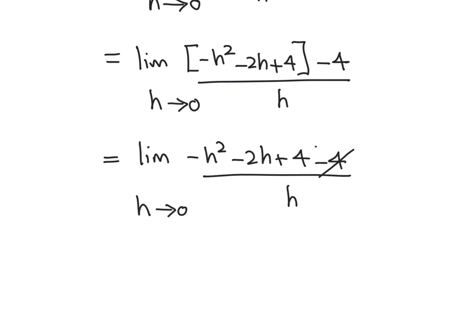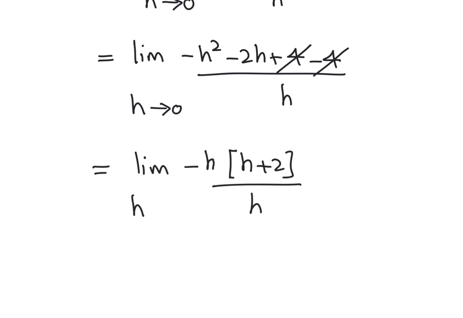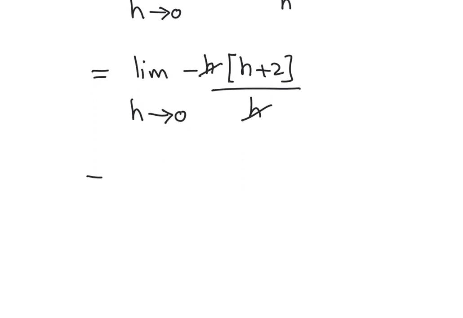You can cancel 4 by negative 4. Now we factor h. So it is minus, you can factor minus h, h plus 2 over h as h goes to 0. You can cancel h by h because h goes to 0. So we need to do one more step.